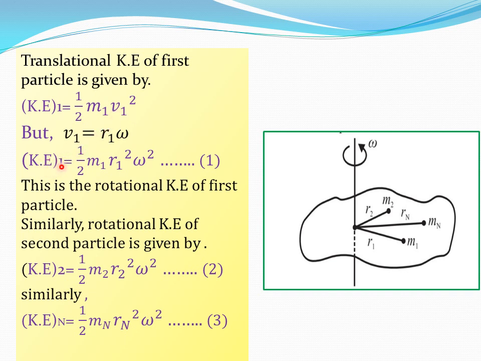So kinetic energy of the first particle equals 1 upon 2 m1 r1 square omega square, because v1 square gives r1 square omega square. This is equation number 1. This is the rotational kinetic energy of the first particle.